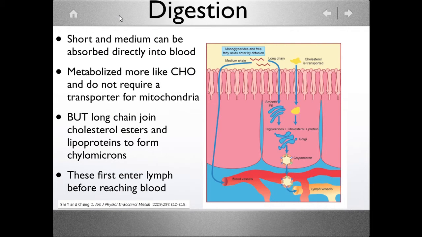So here's one thing I want you to know. If you look at long-chain fatty acids, one thing I want you to notice is that they are first taken up into the small intestine. They then have to go through the smooth endoplasmic reticulum, where they're converted into triglycerides.